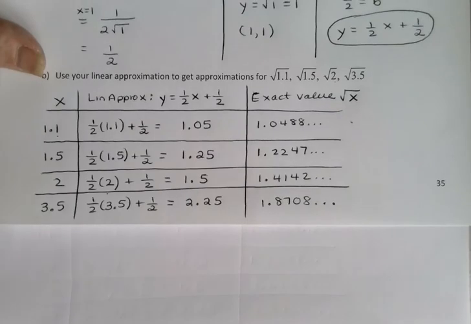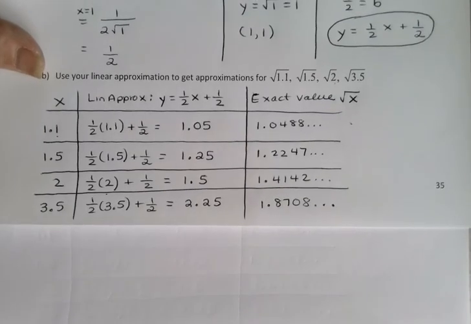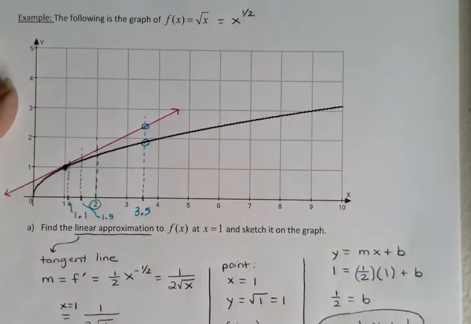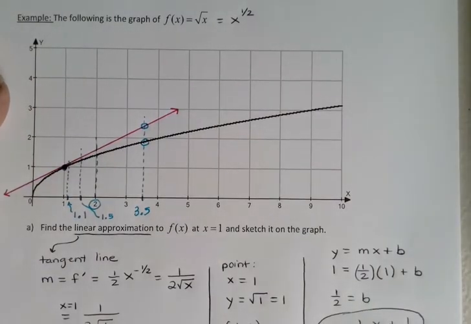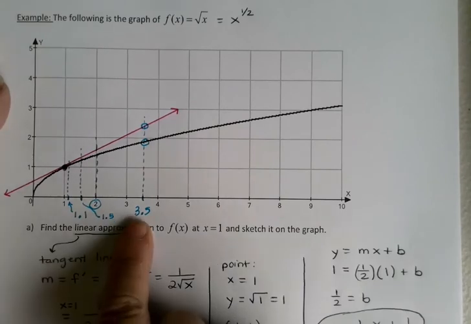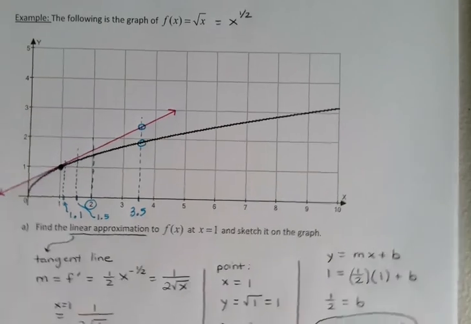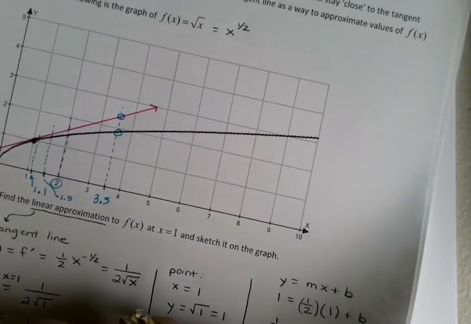Well, the answer to that would be yes, but not the linear approximation that involves the tangent line at 1, right? I'd be much better off doing a different tangent line, one that's closer to 3.5. In fact, if I drew the tangent line here at 4, that would get me really close to the point I wanted. So that's going to be our strategy to actually approximate 3.5 much better.